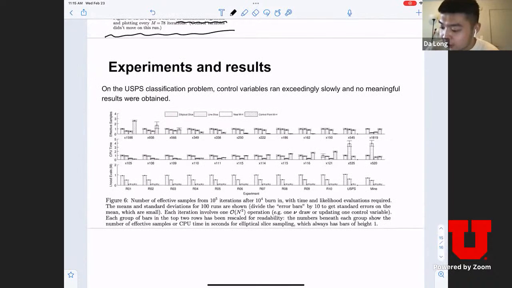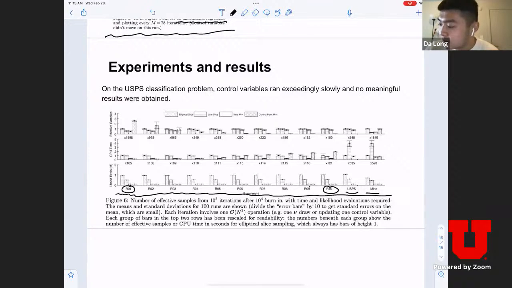And this is the graph for the 3 tasks. You can see from R01 to R010 is the regression problem, varying the input dimension from 1 to 10. And this is the classification problem, and this is the Cox process.